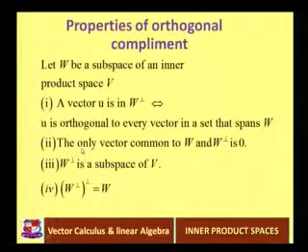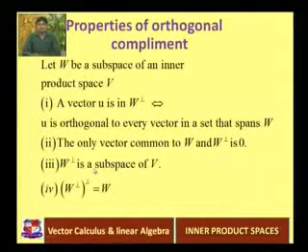The second property: the only vector common to W and W perp is the 0 vector. It means that the common vector of W and the orthogonal complement of W is only the 0 vector. The third property: W perp is a subspace of V. Obviously we can easily verify that.